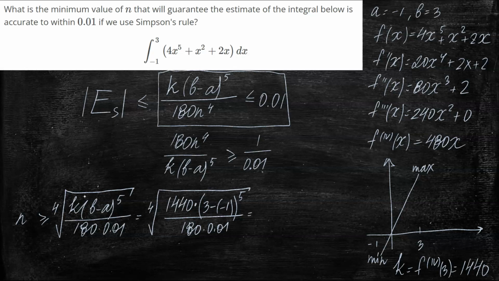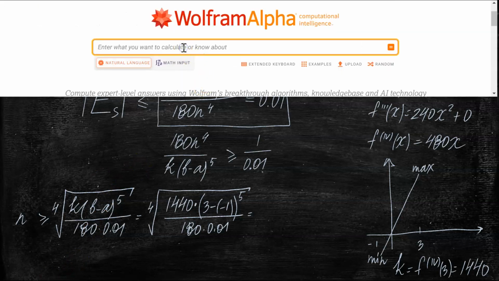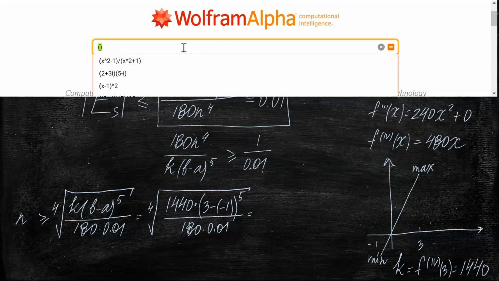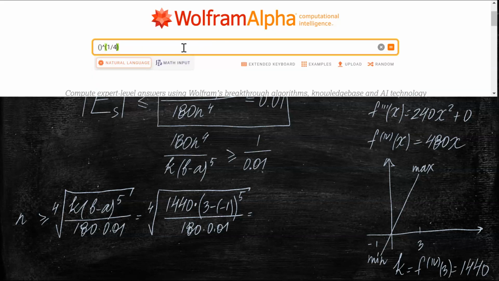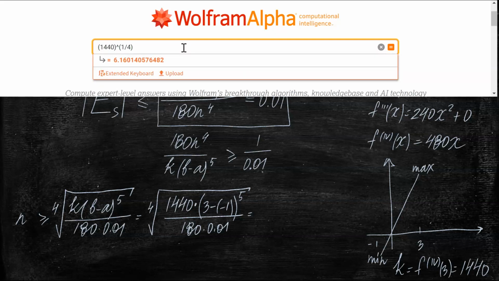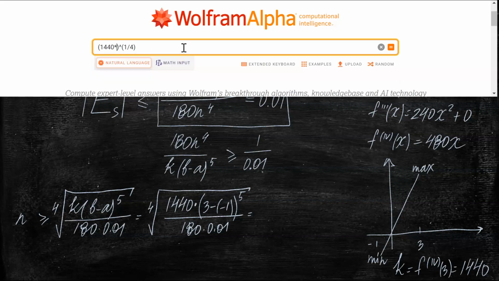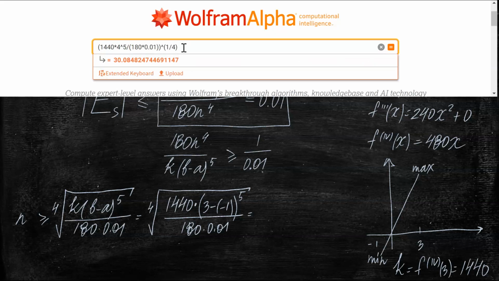I'm not going to try to do it by hand, I'll just put it in the calculator. This time I'll use Wolfram Alpha, so I'm just going to raise everything to the power 1/4. That's the same as taking the fourth root, and inside of the radical I'm going to type it up. So this, 1440, times 4 to the power fifth, and we're dividing by 180 times 0.01.